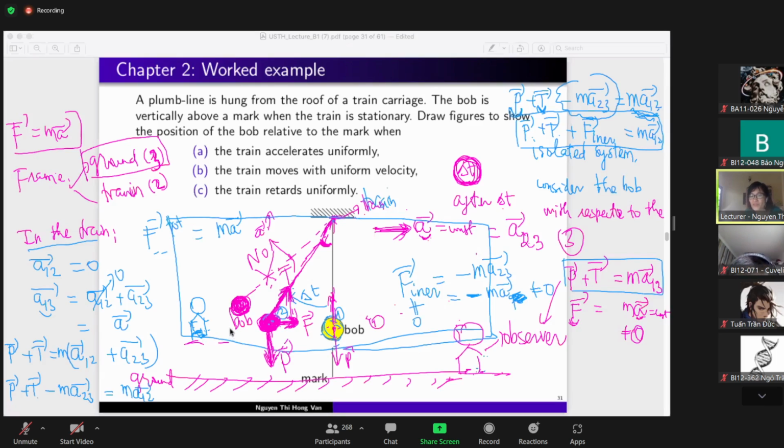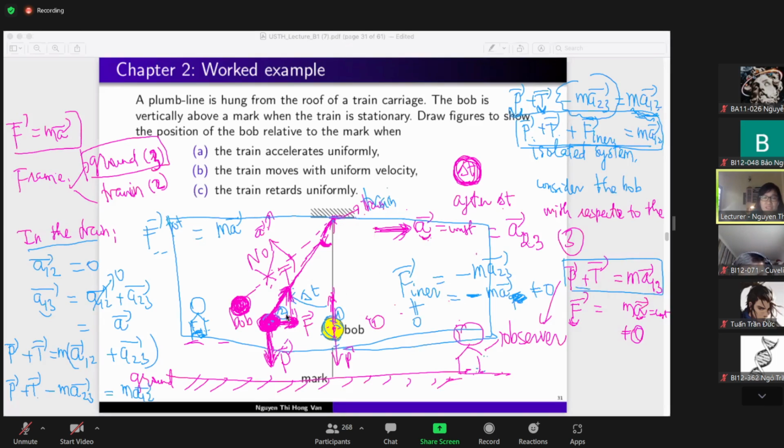And in a frame that is not inertial, in addition to the usual forces you have, you need to add this new force. Okay? It appears because the train is accelerating. Agree? So if you use this equation, they are the same.